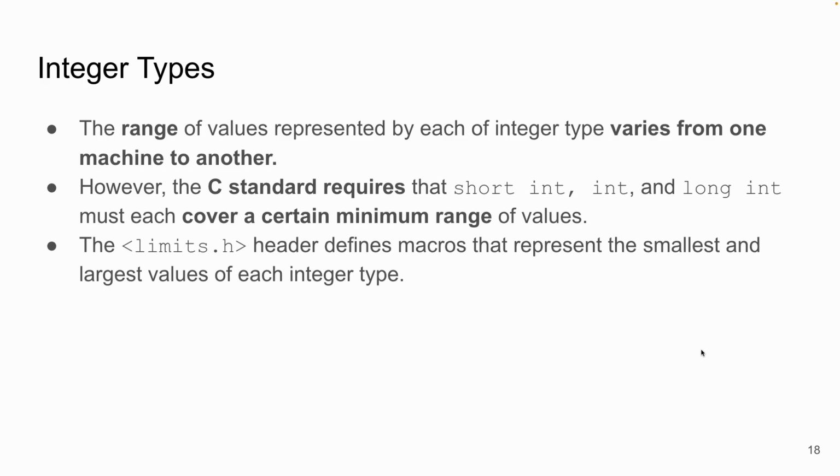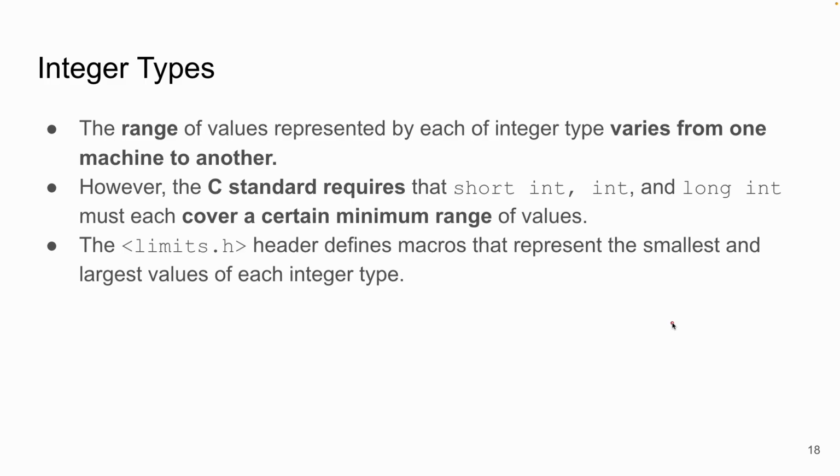And actually the range of values represented by different integer types differs from one machine to another. That is why I say it is pointless to remember the exact maximum value for different integer types, because this value will change on different computers.